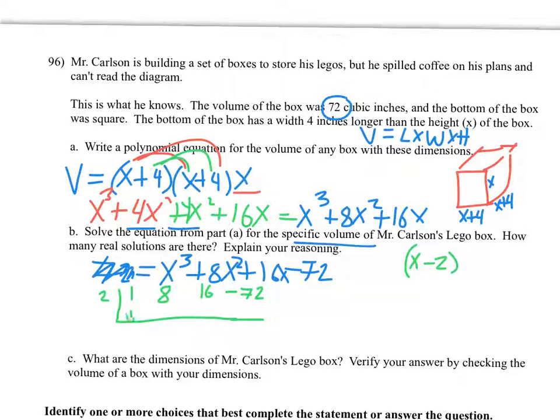So that's going to bring down the 1, 2, 10, 20, 36, 72, and 0. And when we do this, we get x minus 2 times x squared plus 10x plus 36.